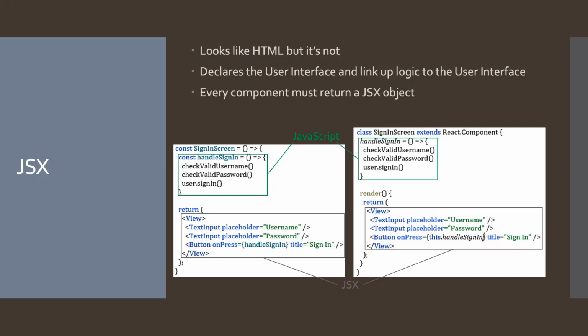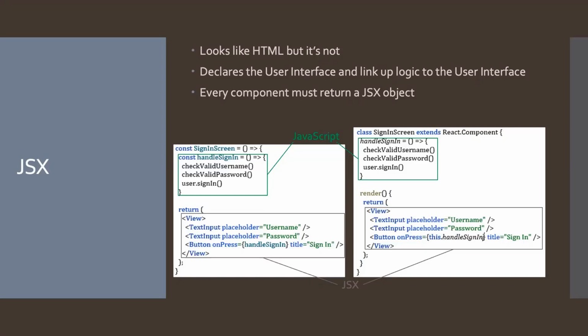So in previous React versions, only in class components were you able to do states. I'll talk a little bit more about states later. In previous React Native / React versions, function components were really what we call stateless components, so you could not actually have a state in a function component.